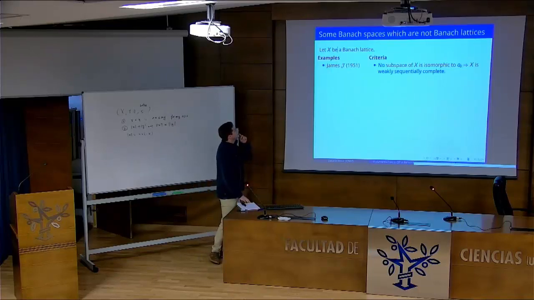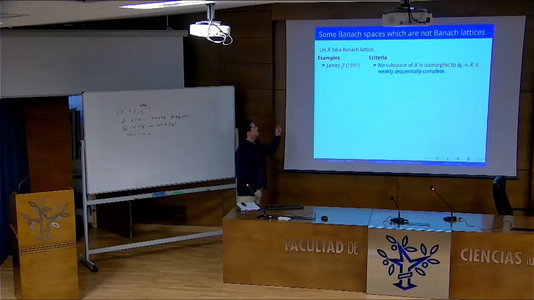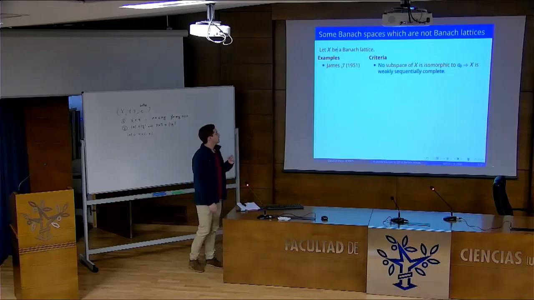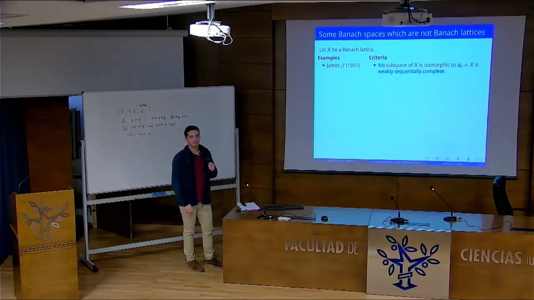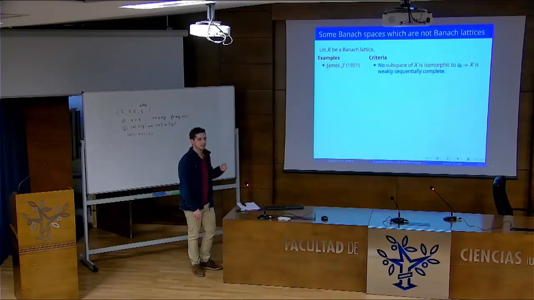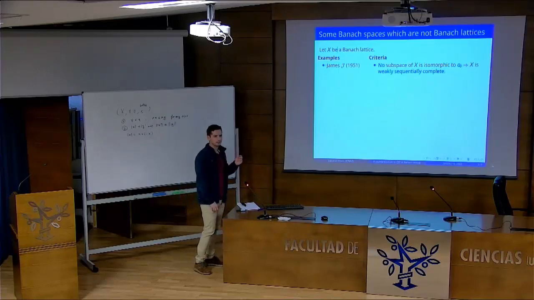Since for Banach lattices, if a Banach lattice doesn't contain isomorphic copies of little c0, then this Banach lattice has to be weakly sequentially complete. This was a very well-known result for spaces with unconditional basis, but it was generalized by Safiri to Banach lattices.